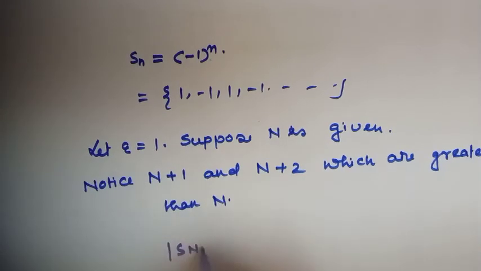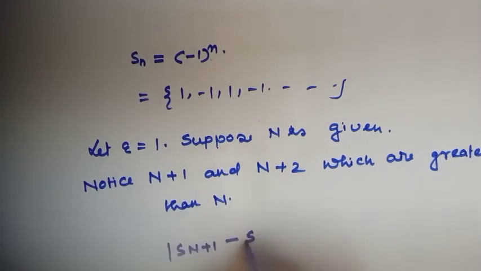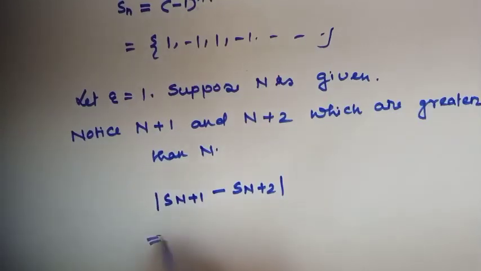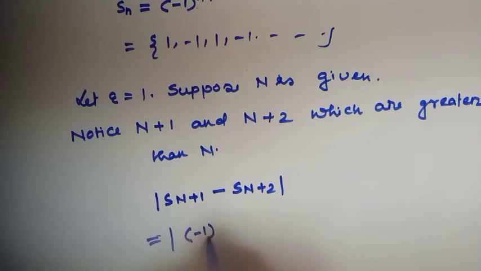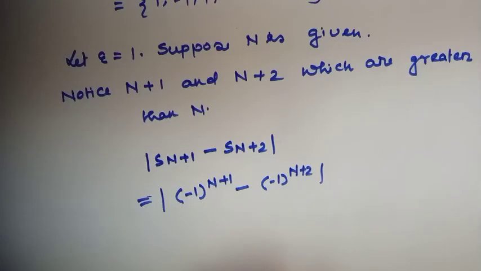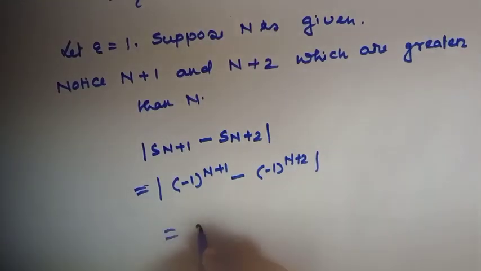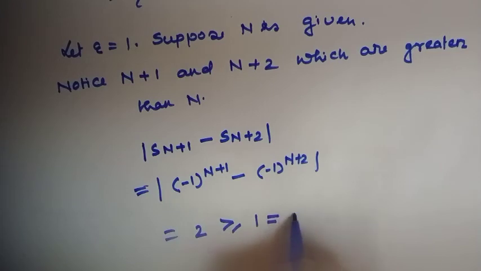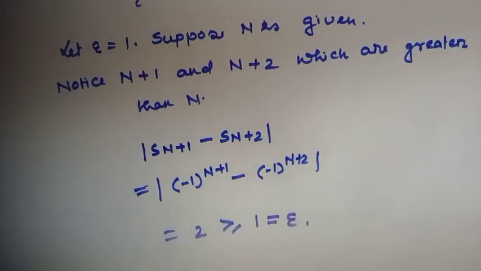Absolute value of S(n+1) minus S(n+2) equals minus 1 to the power n plus 1 minus minus 1 to the power n plus 2. This is always going to be 2, which is greater than or equal to 1, and 1 equals epsilon.